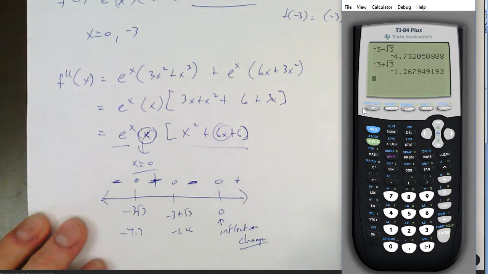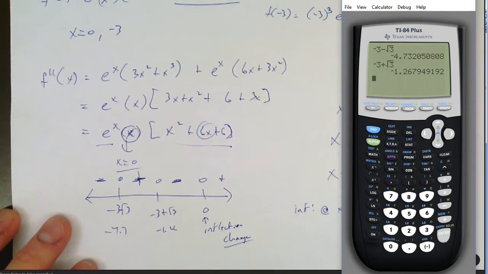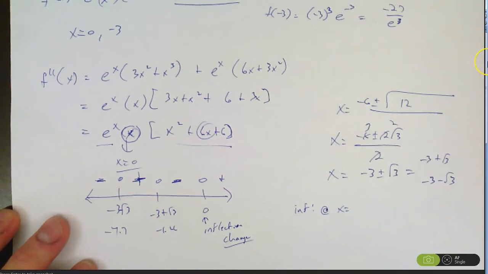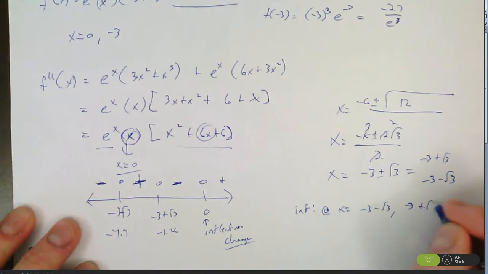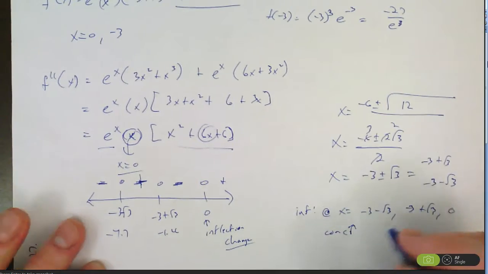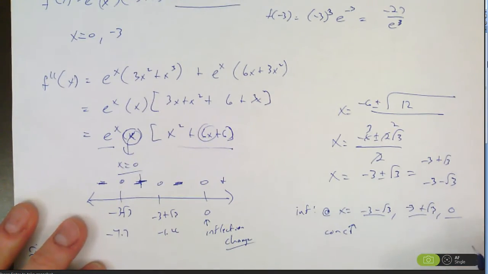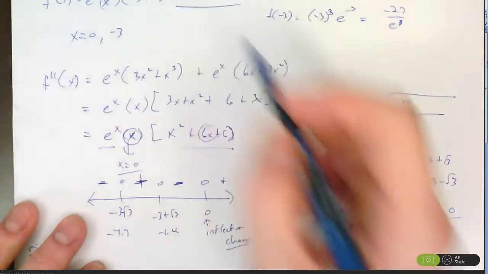So there are actually inflection points at x equals negative 3 minus root 3, negative 3 plus root 3, and then 0. I'm not going to bother to find the y values. It's not that important. It's going to be some weird quantity cubed times e to that quantity.